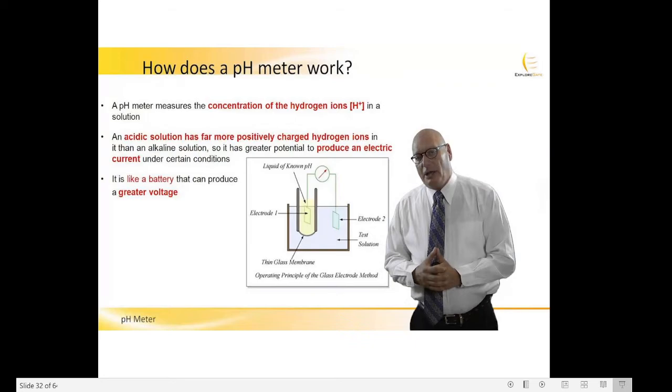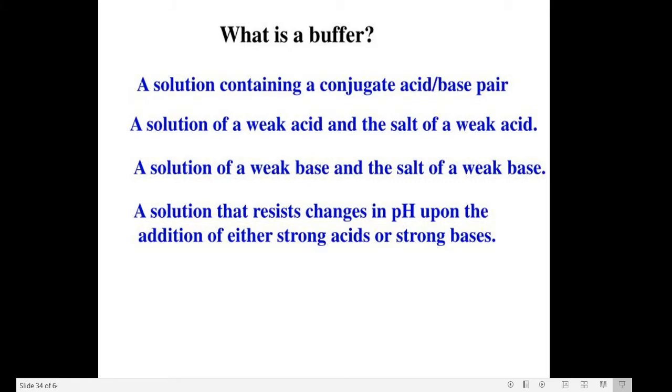This pH meter is only activated by hydrogen ions. Acid ions have more positive charge, and that produces an electric current in the instrument. That shows the voltage, and from the voltage we can calculate the pH.